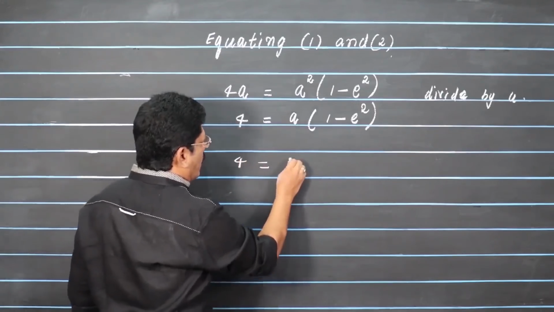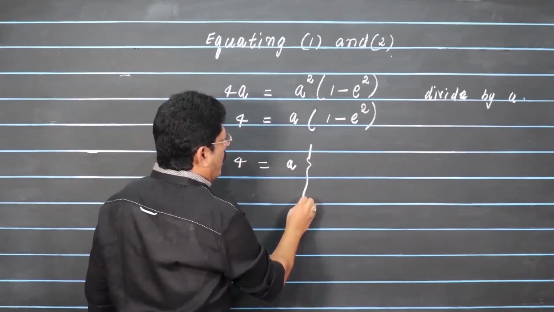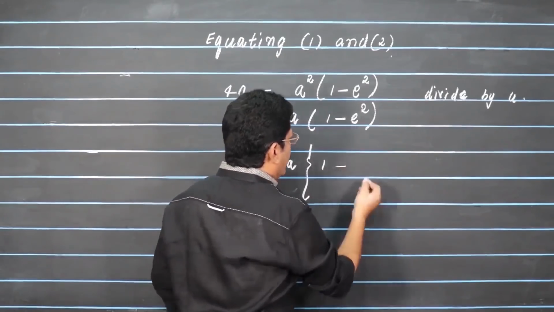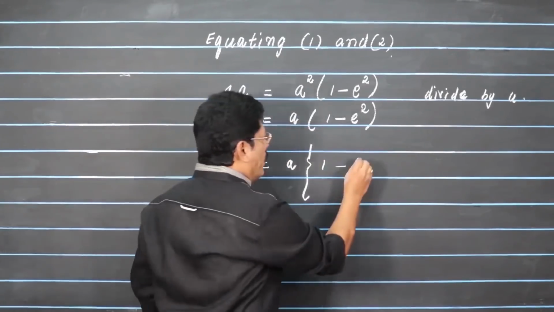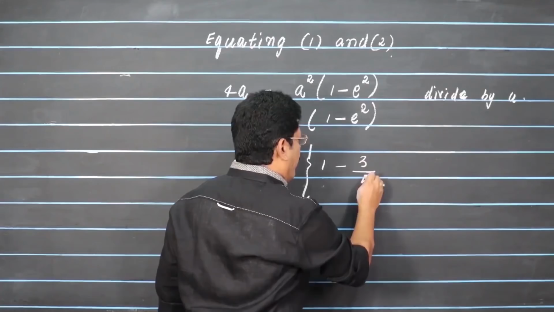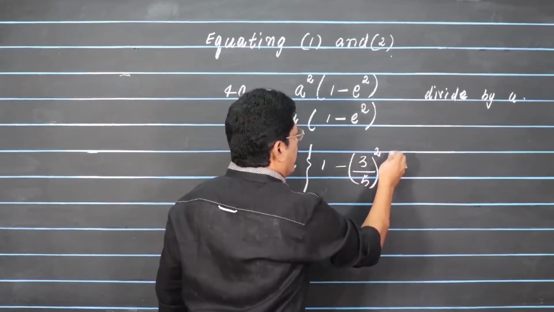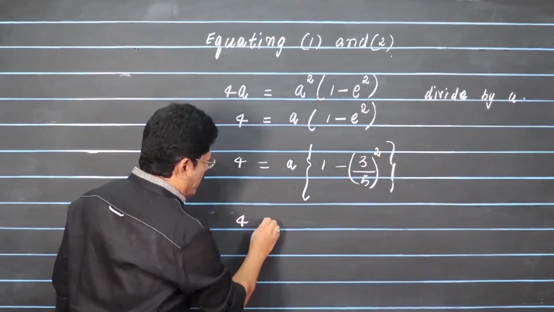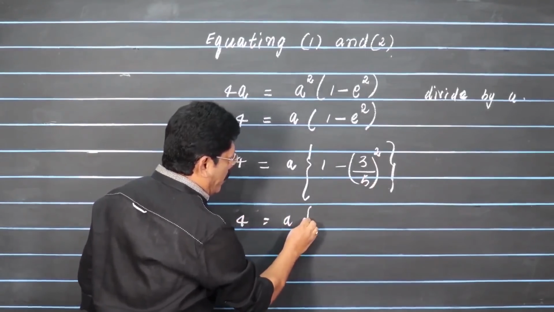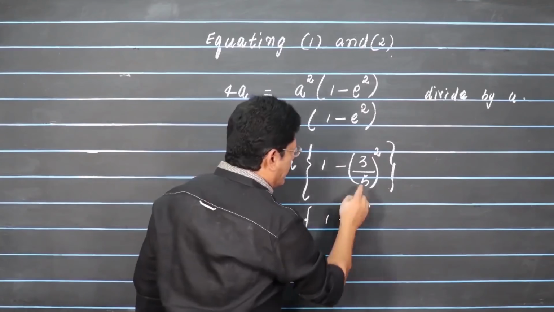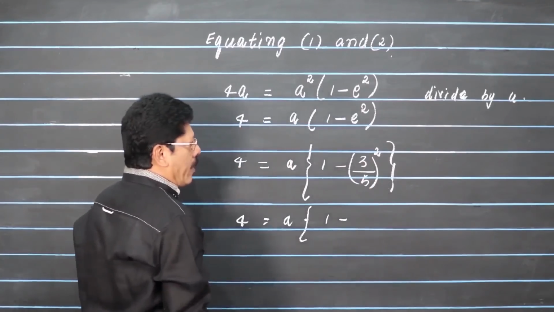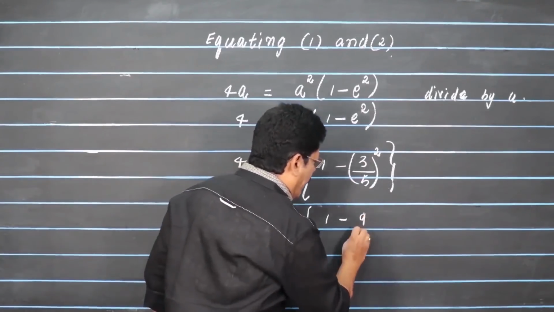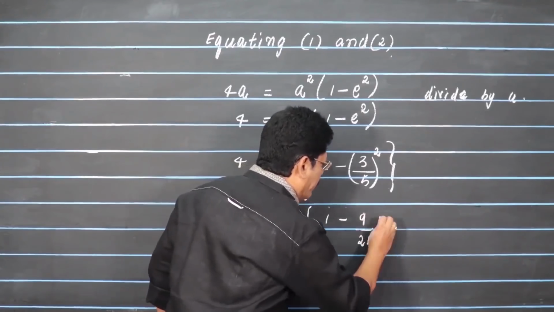4 is equal to a into 1 minus e squared, where the value of e is equal to 3 by 5. Therefore, 4 is equal to a into 1 minus 3 by 5, the whole square, which will become 9 by 25.